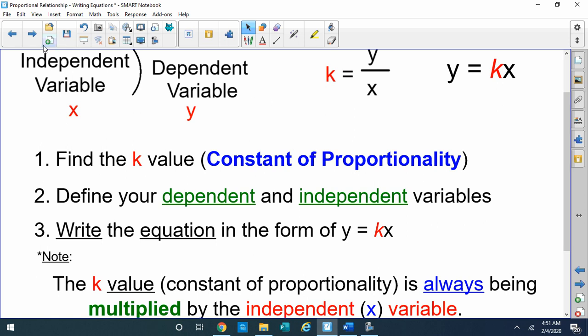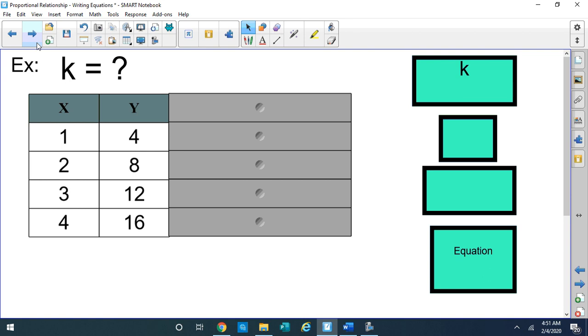All right, so let's look at some questions and let's see what we can do. Let's find the constant of proportionality for these two charts, tables. So we have x and y, and you remember our formula, y over x, that'll give us the value of k. So we'll put 4 over 1, and that should give us 4.